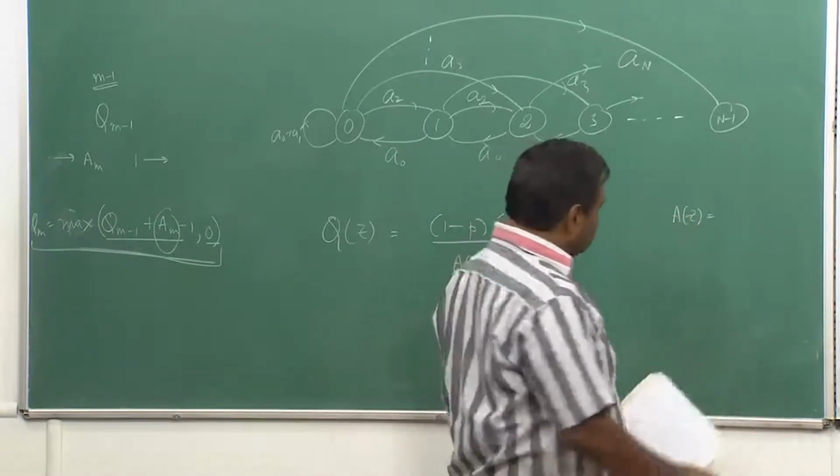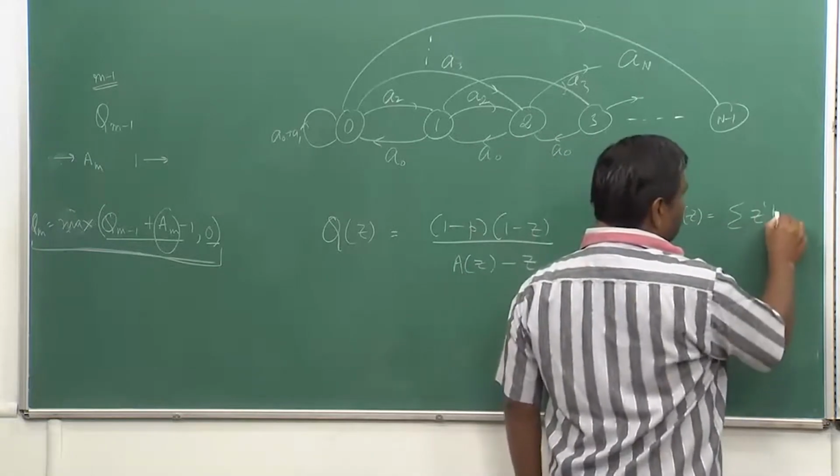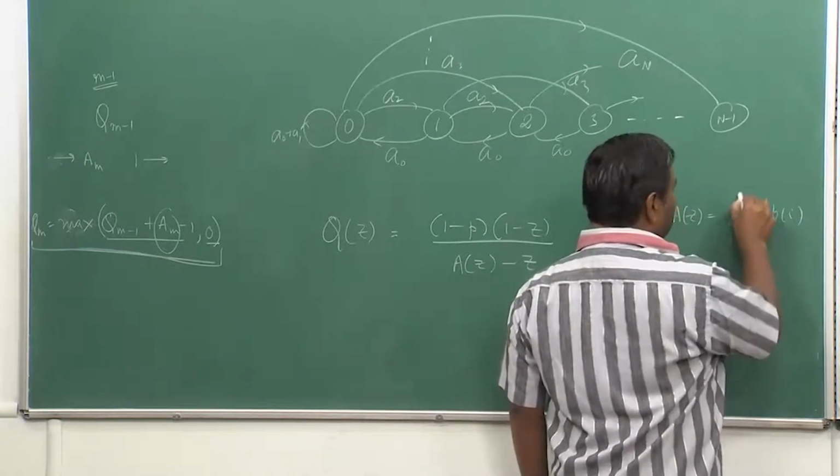So this was given as summation of z raised to power i, p i, i goes from 0 to infinity.